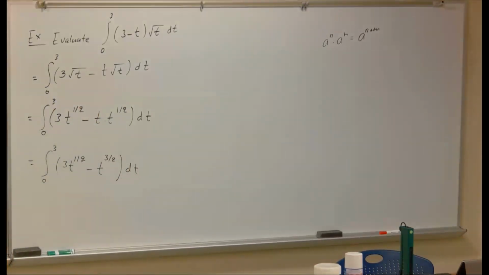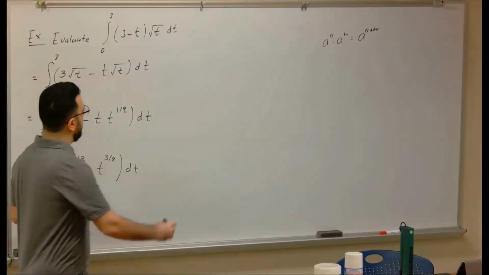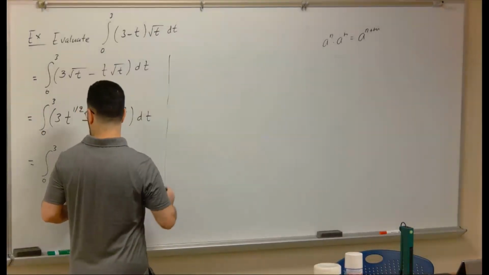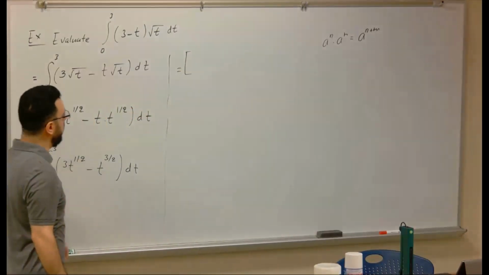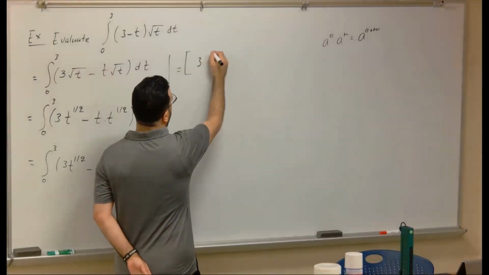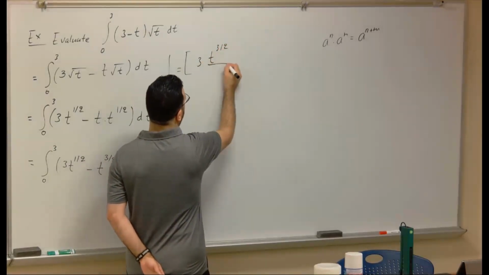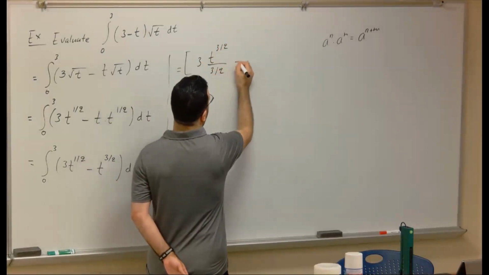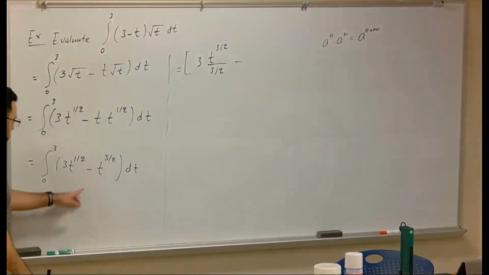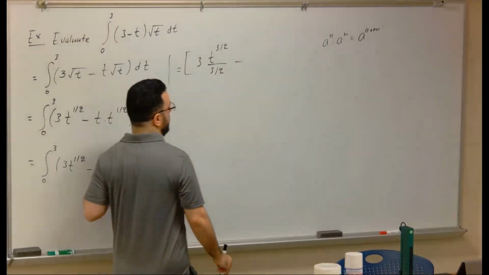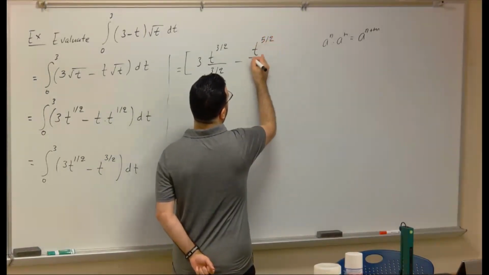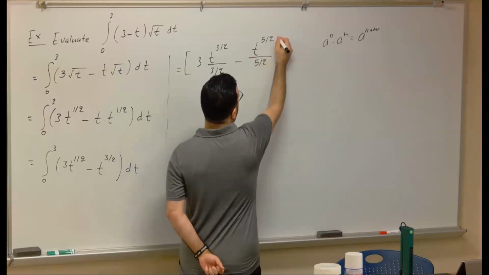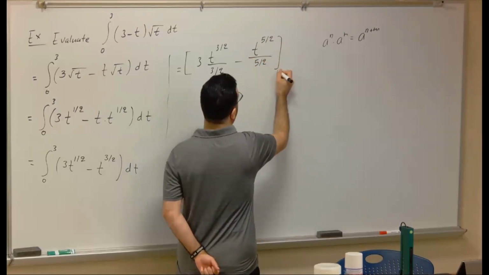Now this one is easier to find. For the integral, you add one to each exponent and divide by the new exponent. So it's going to be 3t to the 3 over 2, divided by 3 over 2, minus t to the 3 over 2 plus 1, which is 5 over 2, so t to the 5 over 2 divided by 5 over 2, from the boundary 0 to 3.